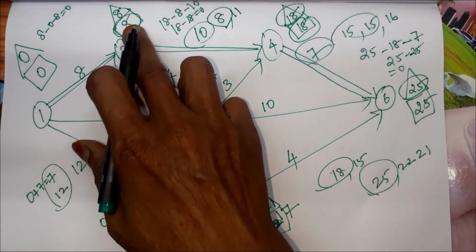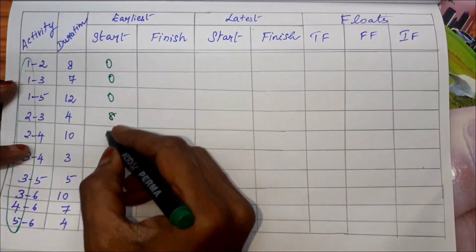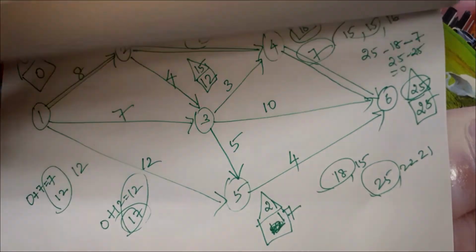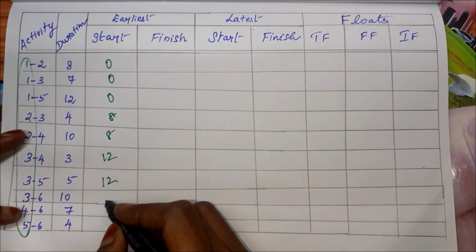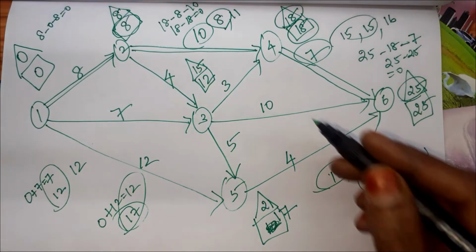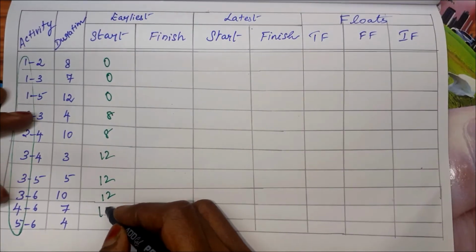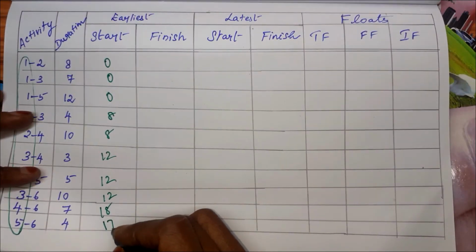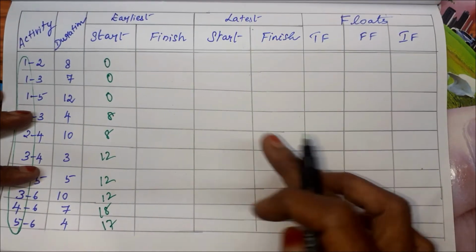For 2 the box value is 8, so 8 in 2 places. 3 we have in 3 places. For 3 the box value is 12, 12, 12, 12. For 4 the box value is 18, and for 5 the box value is 17. So I have filled all these things. Then I can add and subtract.